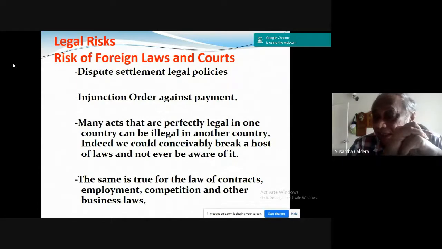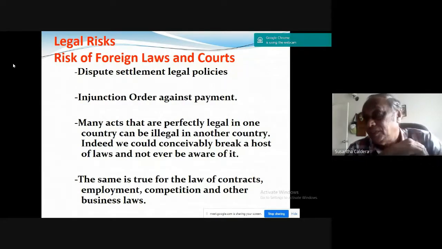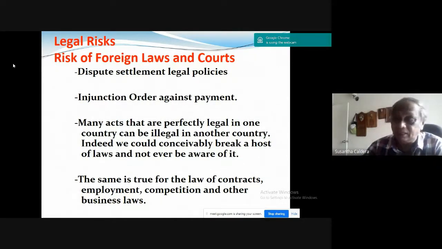Is it happening in Sri Lanka? We had many injunction orders in Sri Lanka. But now, I think during Mrs. Chandrika Kumaratunga's time, she introduced a law to say you can't just get an injunction, you have to prove it.